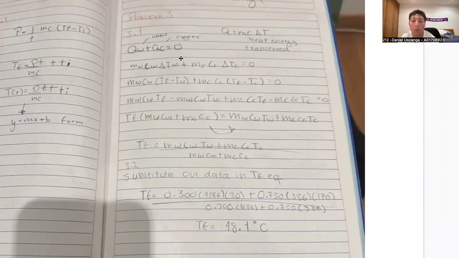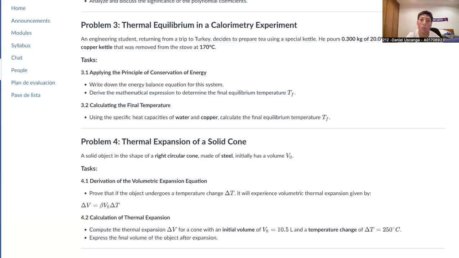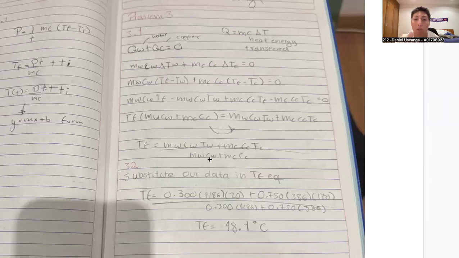Why does this happen? It is because we have one element that is gaining energy. So we have this water being heated, so the energy will be transferred from the heater to the water. Not all the energy will be transferred.